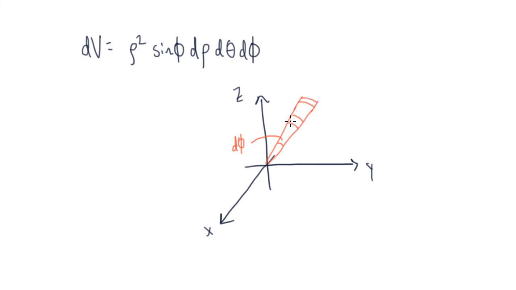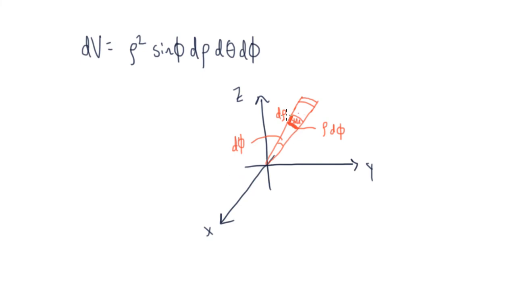So if here's my region right here, if I look at this width here, this really is like an arc length given by r times, rho times the change in phi. So rho d phi is the width of this rectangle, and then this distance here is really d rho. So it's really d rho by rho d phi, for the same reason that it was dr times r d theta.